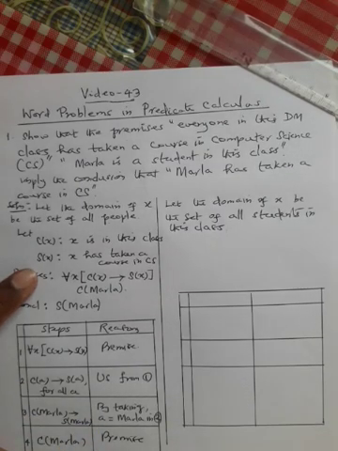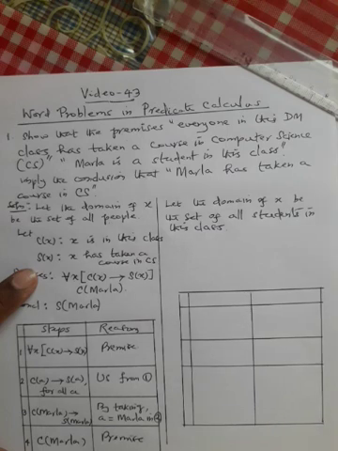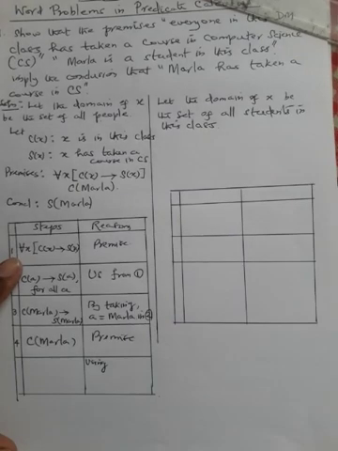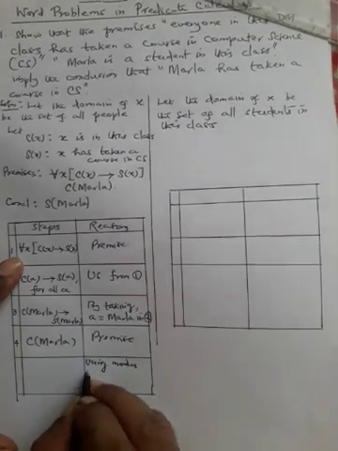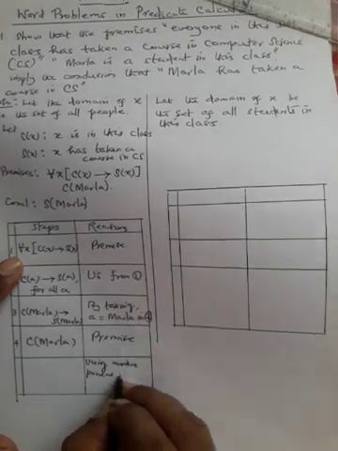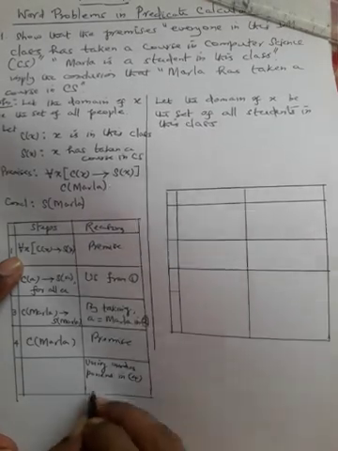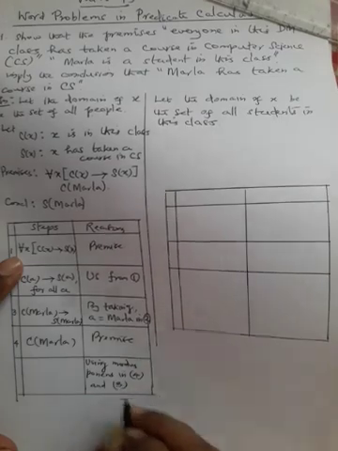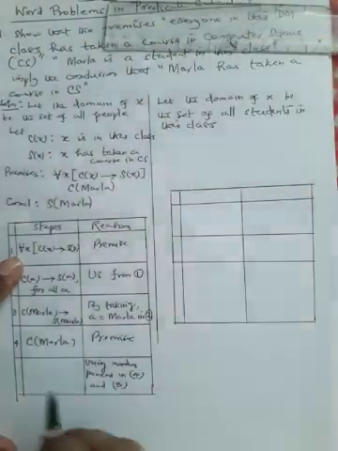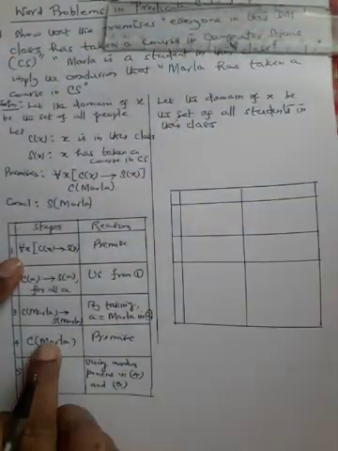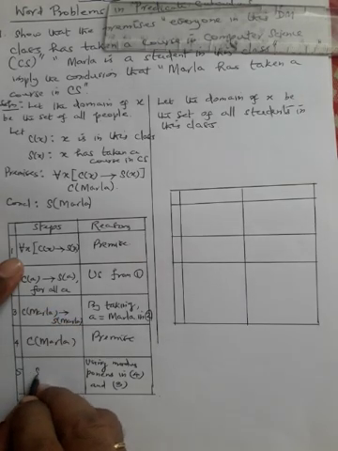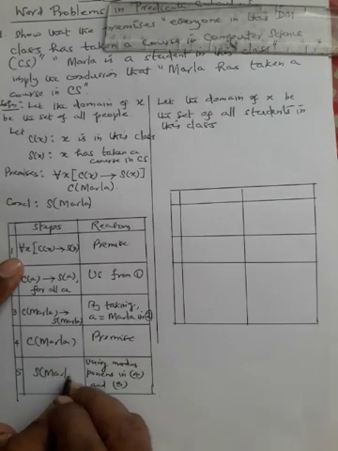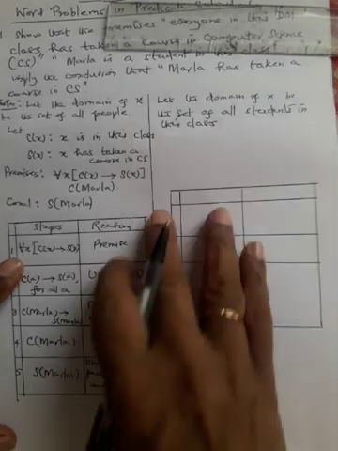So modus ponens in 4 and 3: P, and P conditional Q, therefore you get Q. That is S of Marla, that is, Marla has taken a computer course.